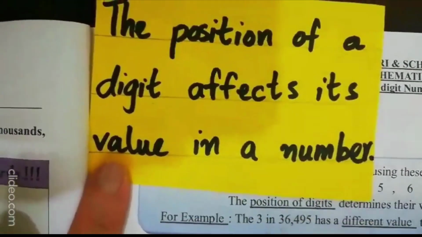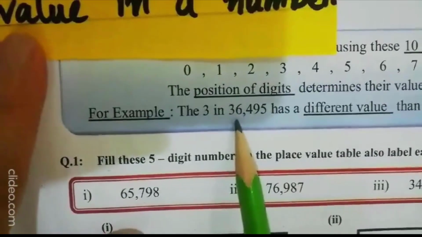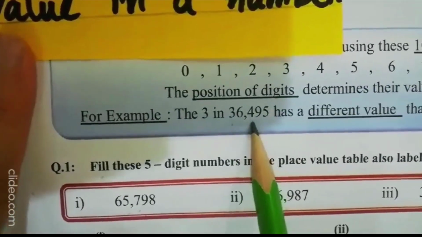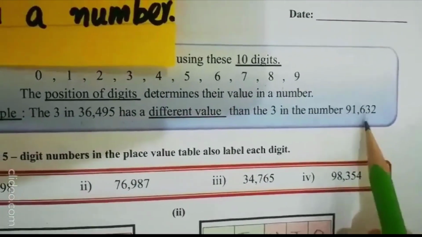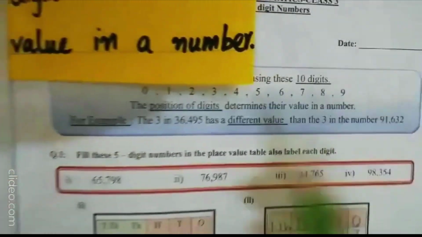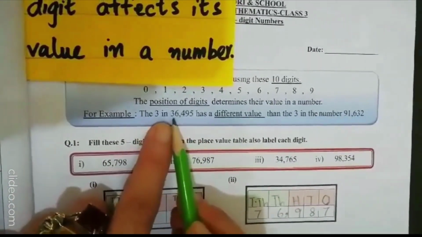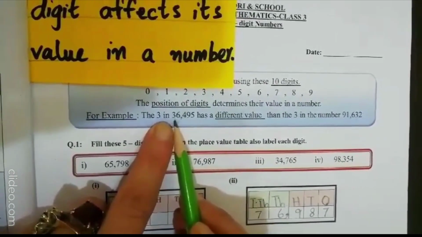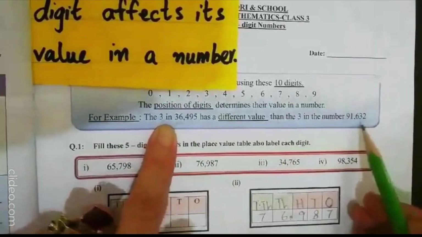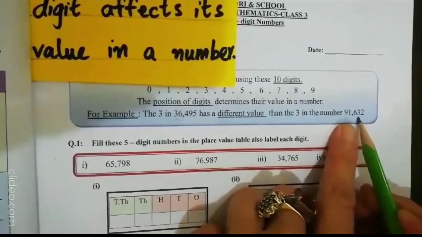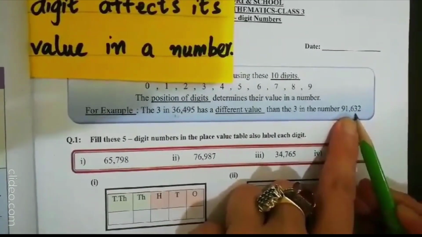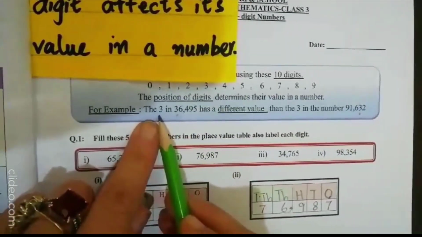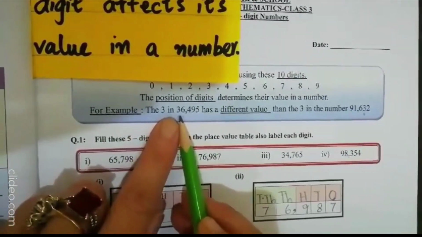For example, the 3 in 36,495 has a different value than the 3 in the number 91,632, because in this number the 3 is coming under the 10,000 place value and here 3 is coming under the tens place. So here the position of 3 is tens and here the position of 3 is 10,000.